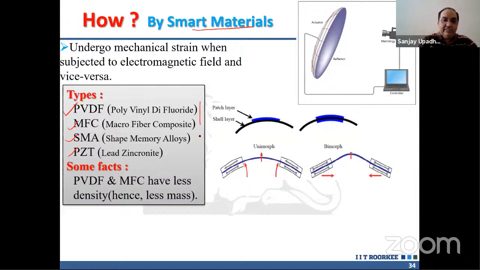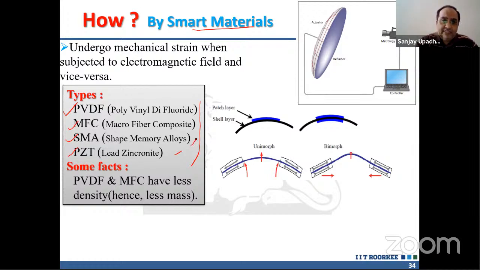These materials have their own characteristics: they can sense and actuate. That's why they are known as smart materials, and they are used, or will be used, in our mission. With the help of PZT, we can easily control the shape, wrinkles, and vibrations.